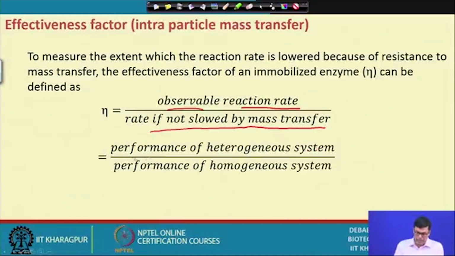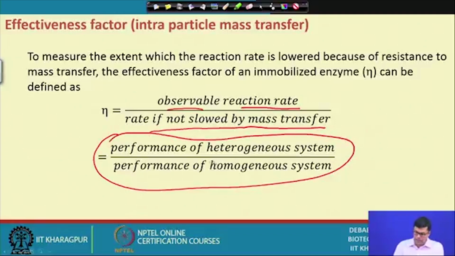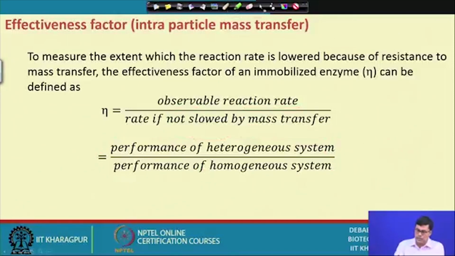This is actually the ratio of the performance of the heterogeneous system divided by the performance of the homogeneous system. As I told you, when eta equal to 1, that means your heterogeneous system is equal to the homogeneous system. When it is less than 1, then we have the mass transfer limitation problem. This is how eta can be explained.